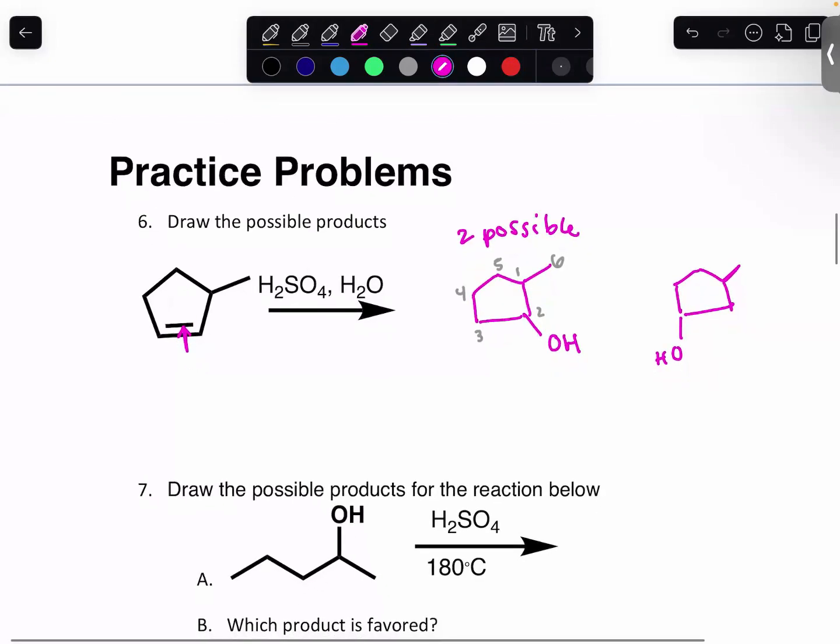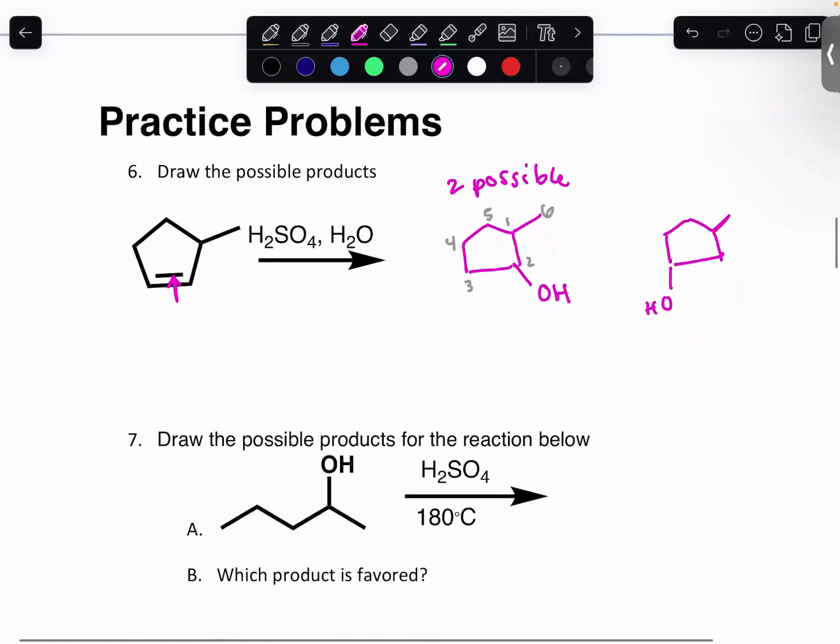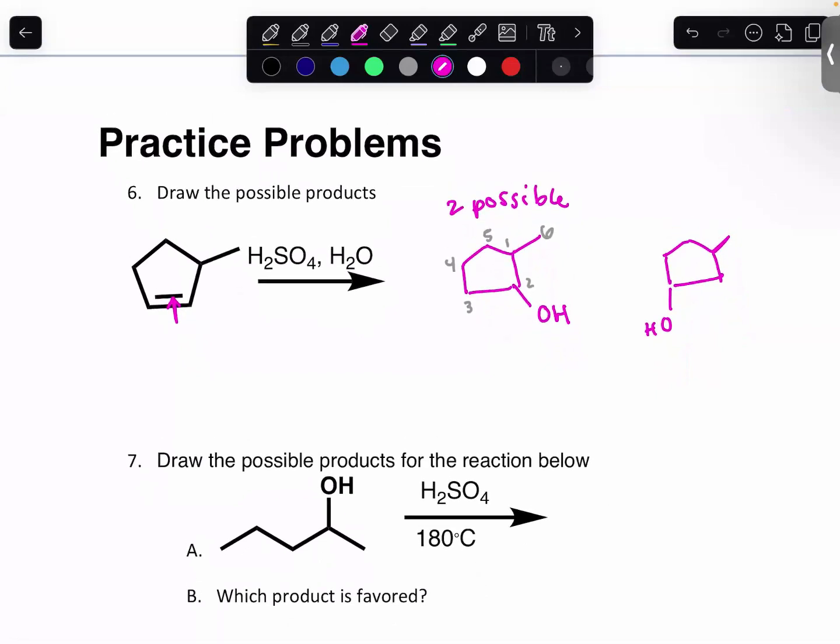So yeah, the methyl group is how we get two unique products from that. Water is not usually a catalyst. It's the sulfuric acid that is the catalyst.